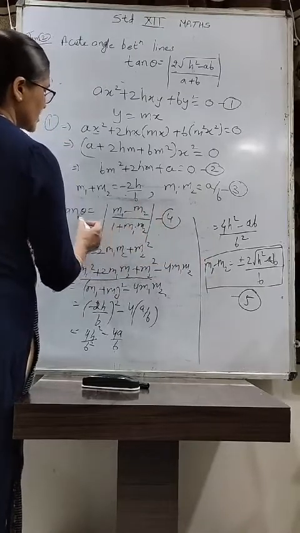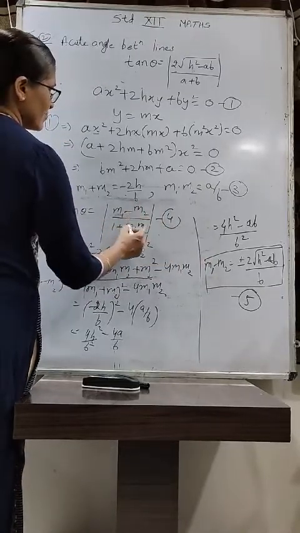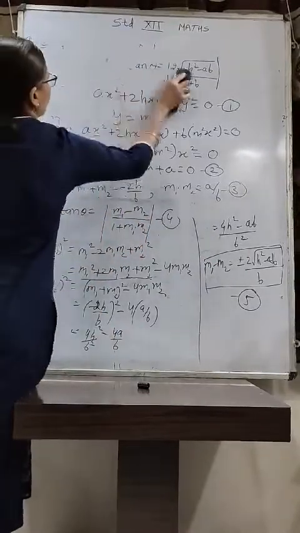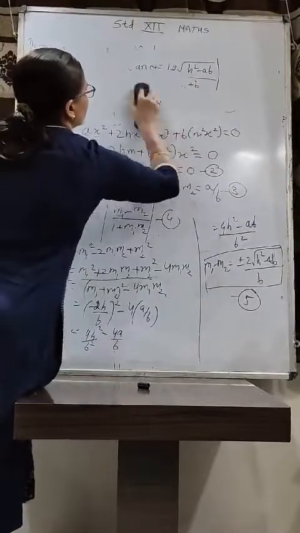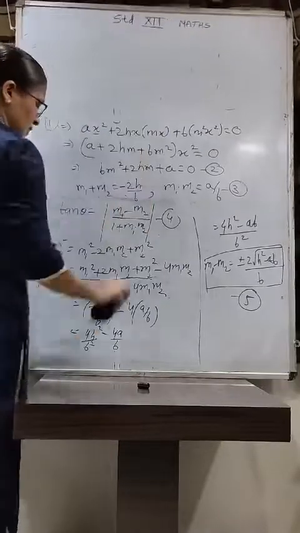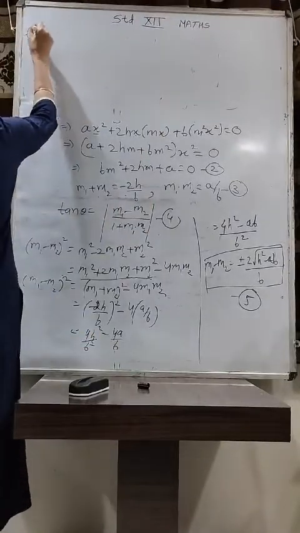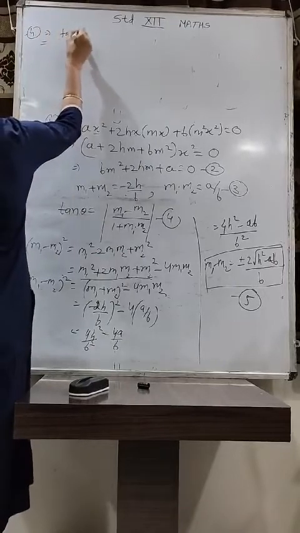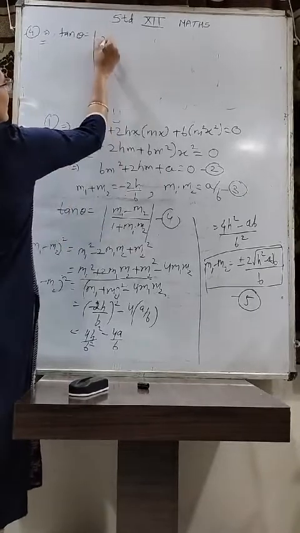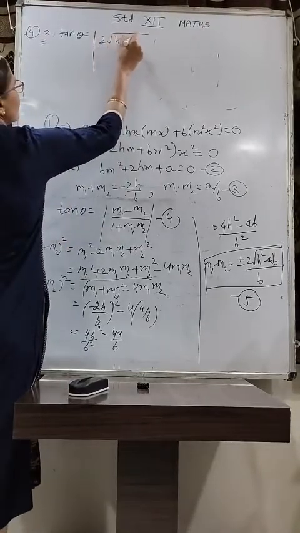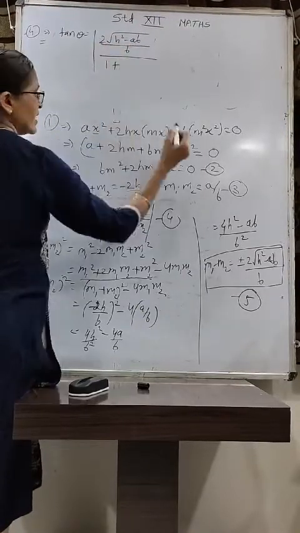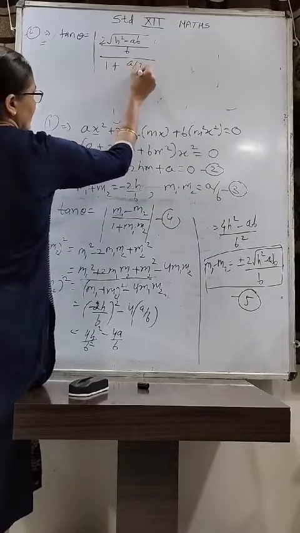So we have to substitute in tan theta equal to m1 minus m2 upon 1 plus m1 into m2, so that our equation 4 will become tan theta equal to m1 minus m2, which is 2 under root h square minus ab upon b, over 1 plus m1 into m2, which is a by b.